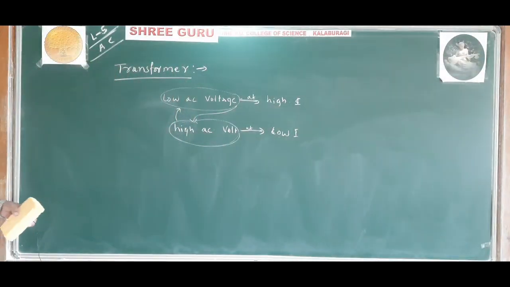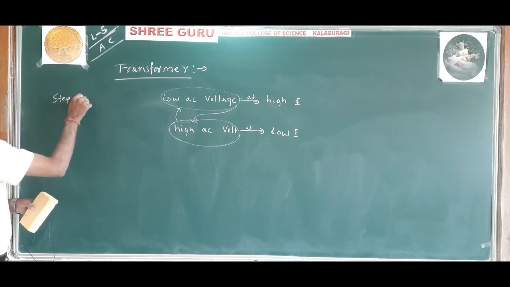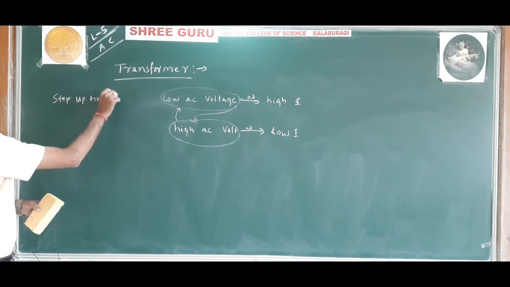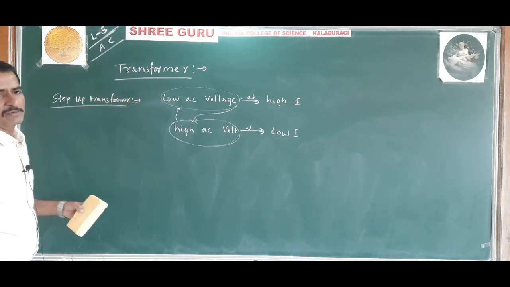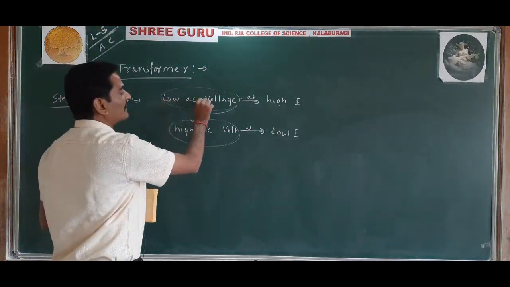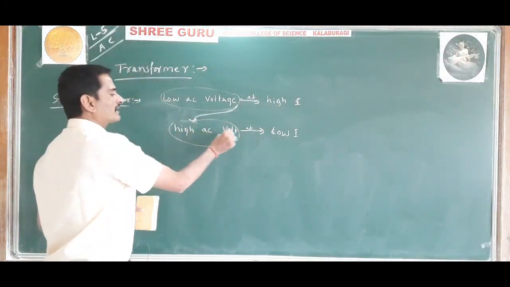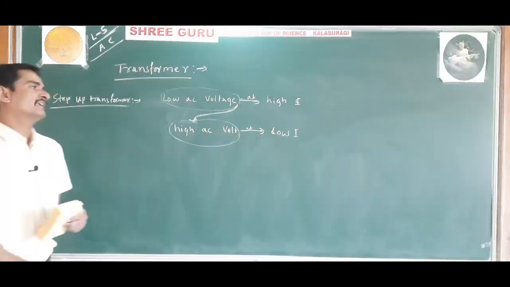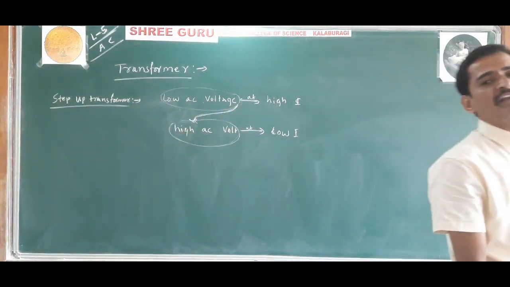By using a transformer, there are two types of transformer. One is the step up transformer. A step up transformer is a device which converts low alternating voltage at high current into high alternating voltage at low current. That is, a step up transformer increases the alternating voltage.